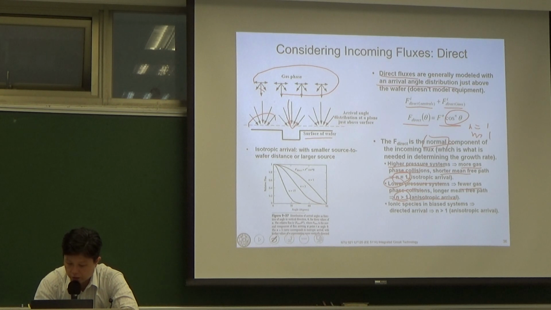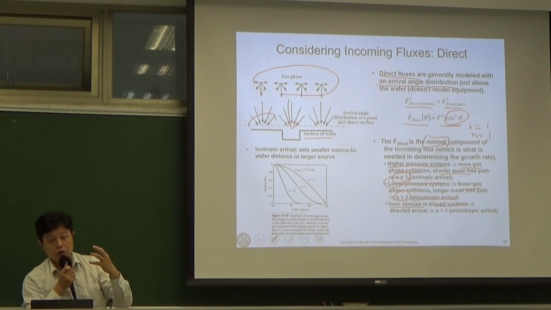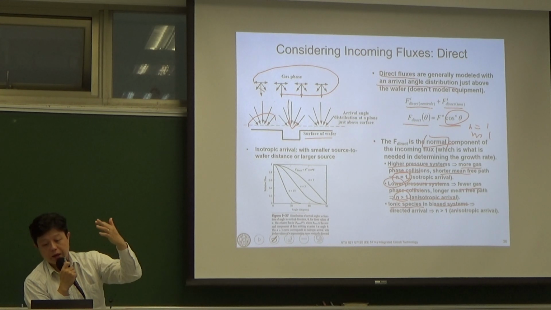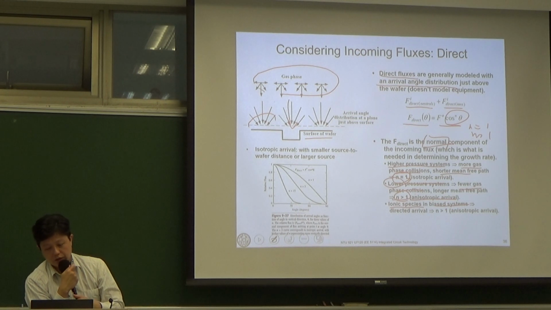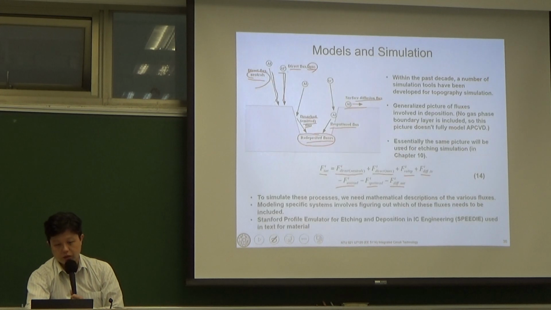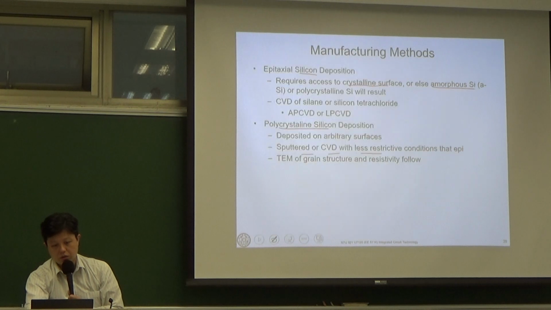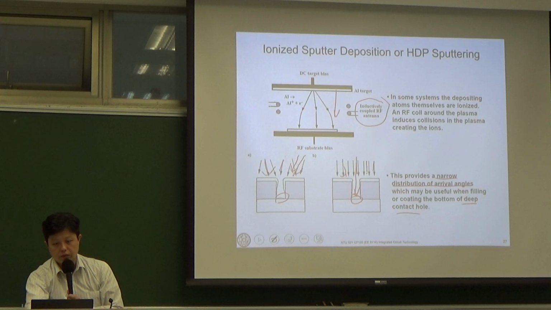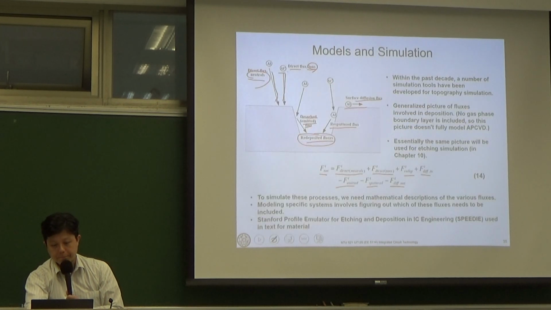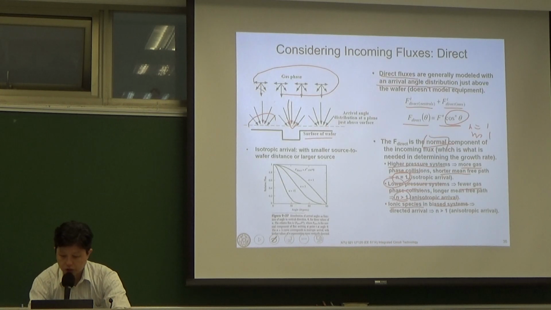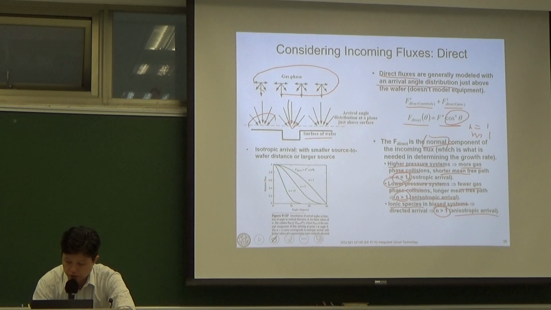For ionic species in the bias system, which means they have charge and we provide a DC bias, the arrival is directional, similar to this one. So n larger than 1 is an anisotropic arrival.